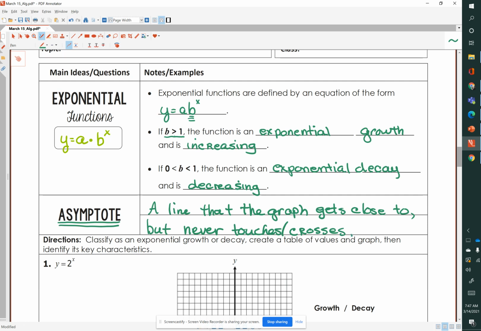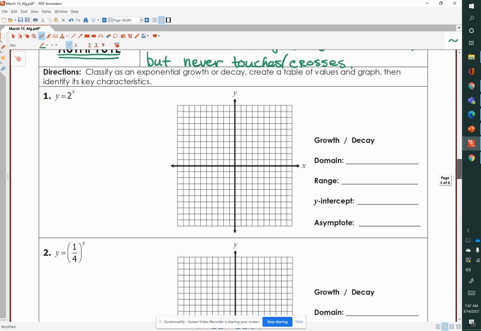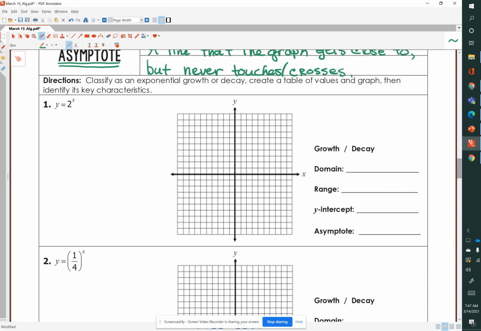And we're going to be using Desmos a lot today to help us out.